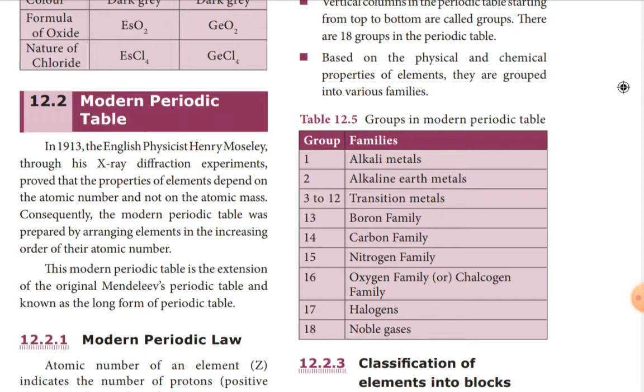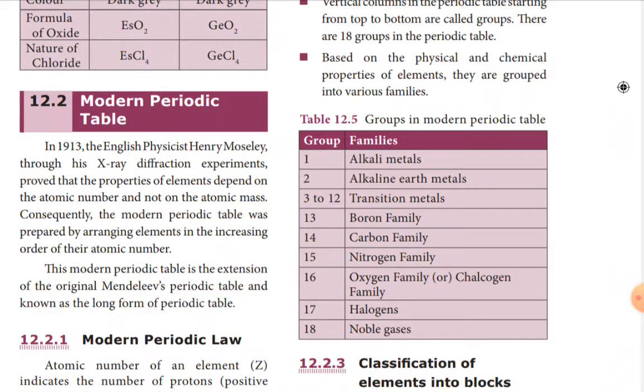Consequently, the modern periodic table was prepared by arranging the elements in the increasing order of their atomic number. So atomic number is the basis for the classification of the modern periodic table. This modern periodic table is the extension of the original Mendeleev periodic table, known as the long form of the periodic table.